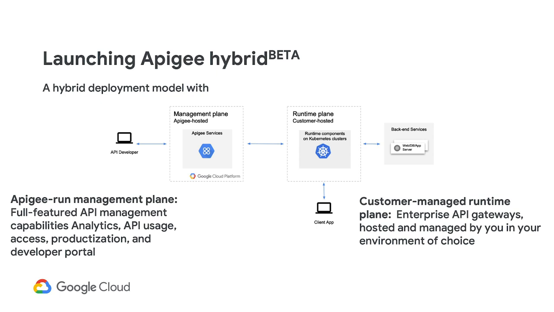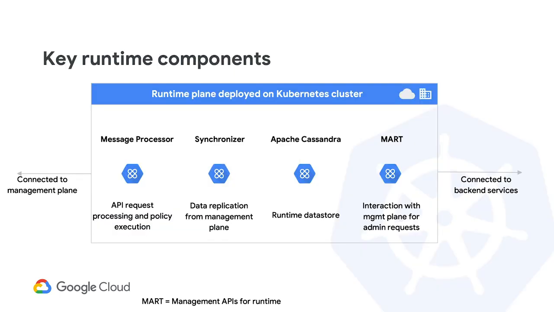So when we talk about hybrid and that there is a runtime plane, obviously that includes a gateway, and this is the enterprise gateway that you would deploy on your premises or other cloud providers on Kubernetes. But what does this runtime plane really contain? What is it that you as a customer are responsible to manage and operate?